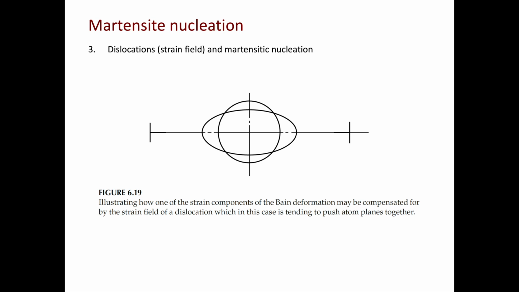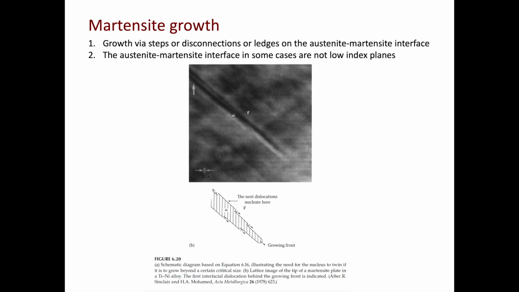After looking at martensite nucleation, let's move on to look at martensite growth. The growth of martensite is governed by the nucleation and the glide of those disconnections or ledges on the habit plane, or the austenite-martensite interface.